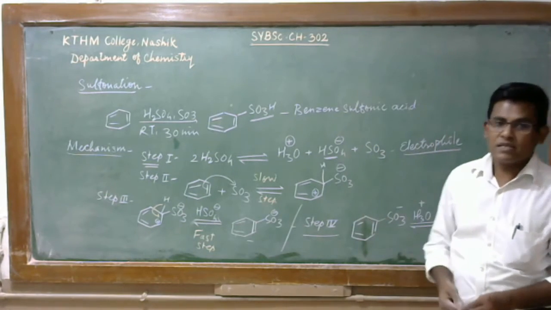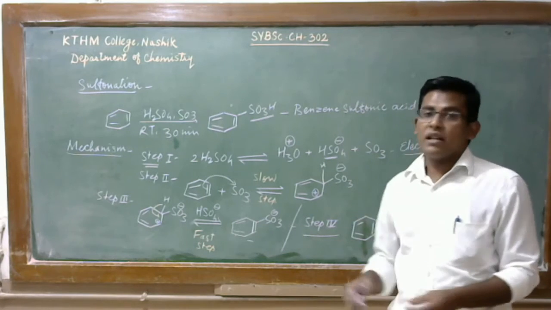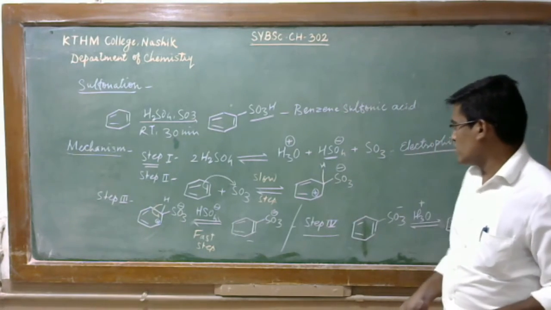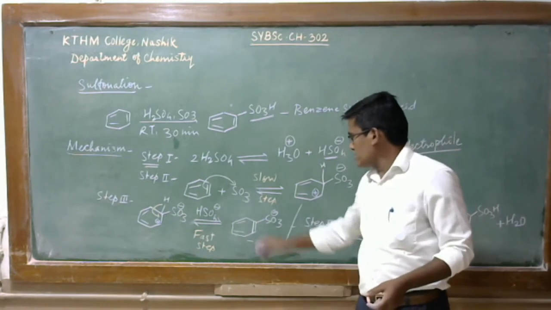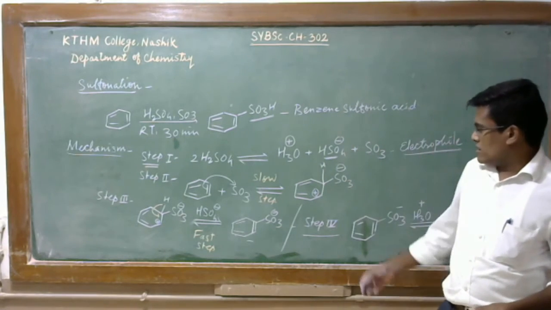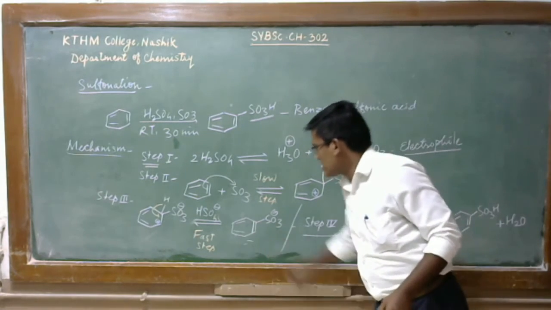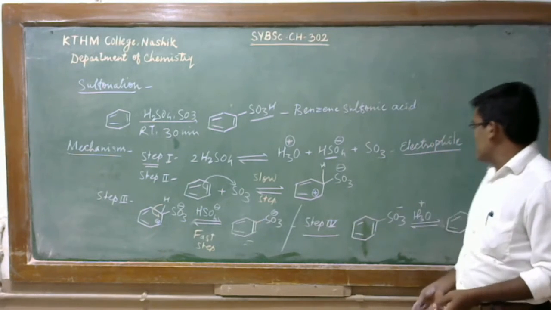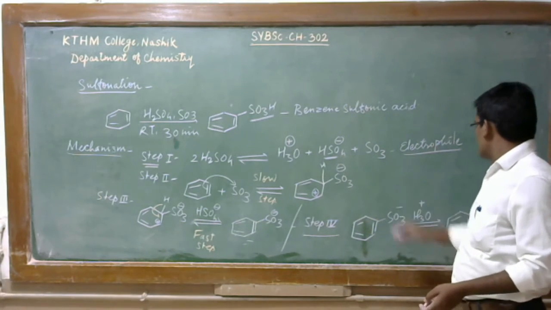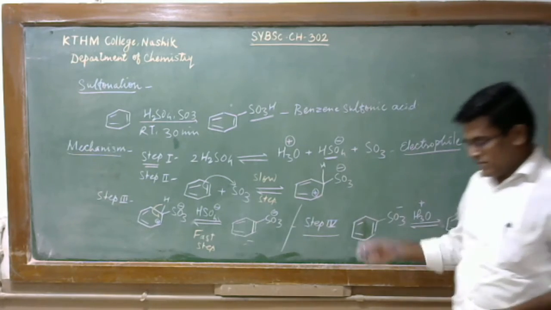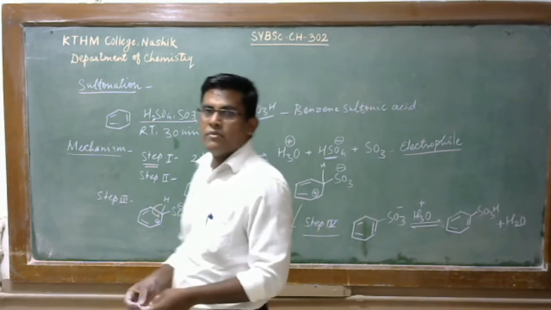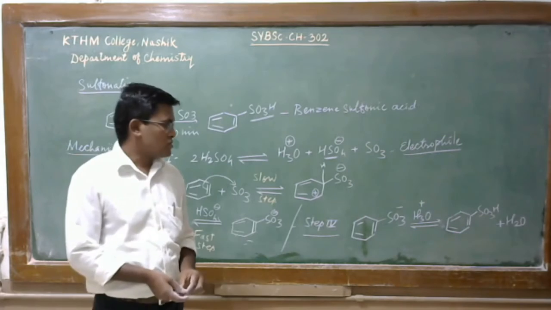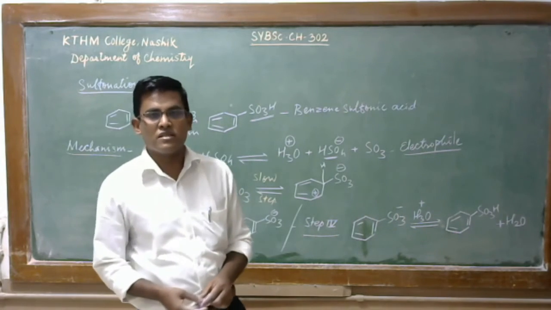In the third step, that proton will get eliminated to give this SO3 negative product, and in the fourth step, this will acquire the proton, so it will end up with this benzene sulfonic acid. So this is how this sulfonation reaction works.